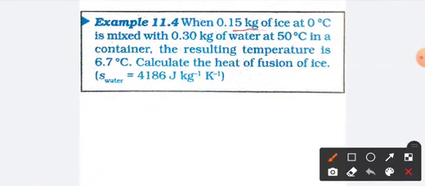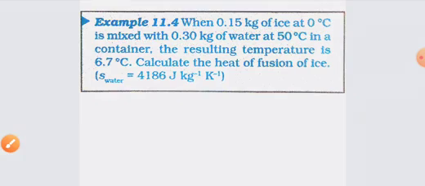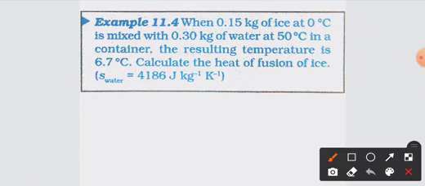Now there is an example. When 0.15 kg of ice at 0 degree Celsius is mixed with 0.30 kg of water at 50 degree Celsius, we have mixed them both. If we mix, then what will happen? You know better. The amount of heat gain will be equal to the amount of heat loss. So in a container, the resulting temperature is 6.7 degrees Celsius. That means finally they both are at 6.7 degrees Celsius, also the ice and also the water.